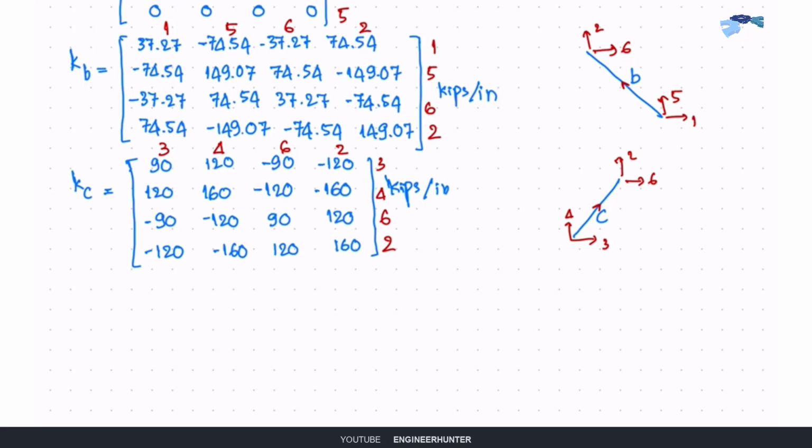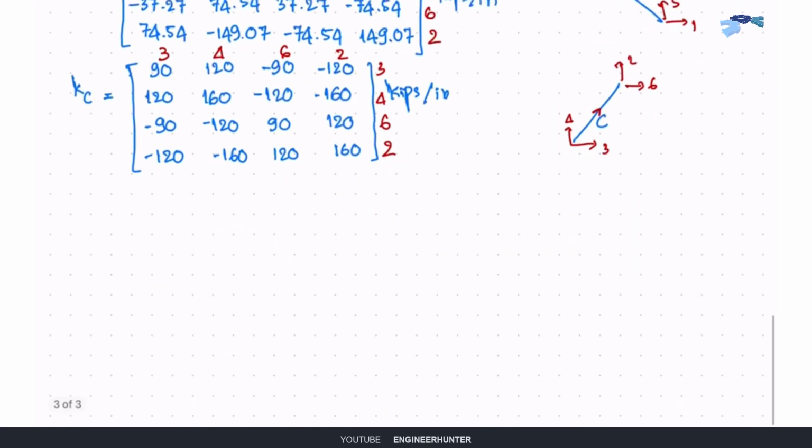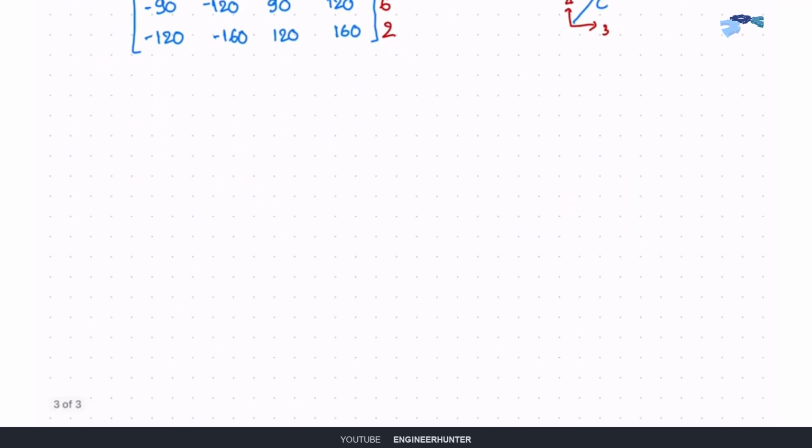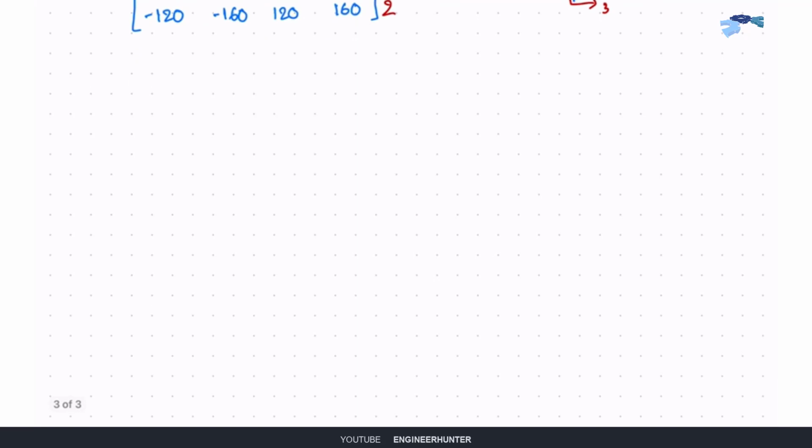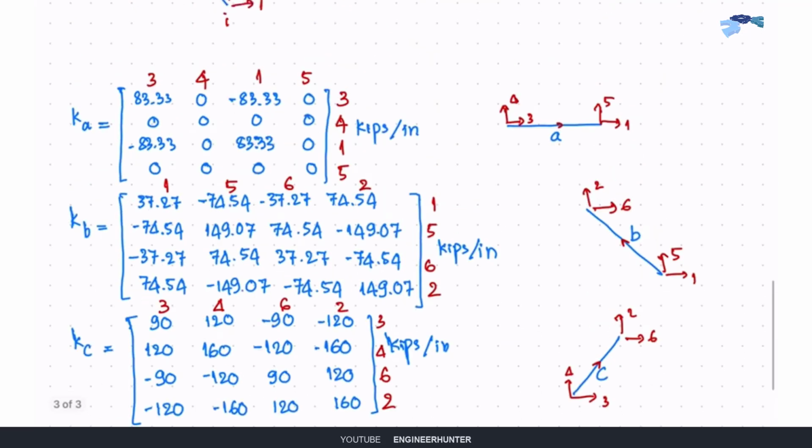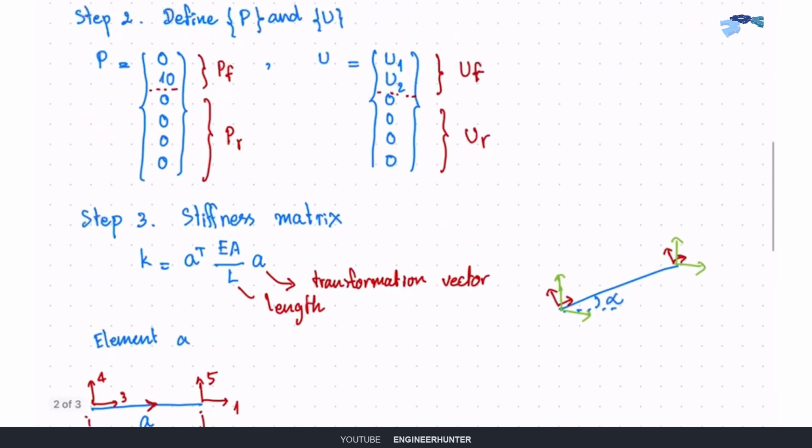So the global stiffness will have the size 6 by 6, because we have total of 6 degrees of freedom.